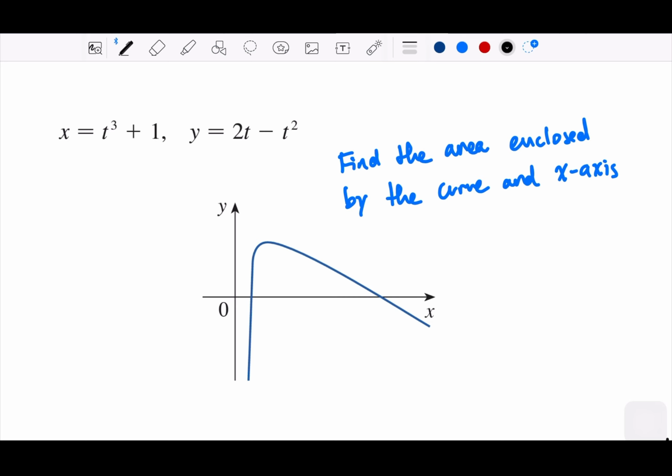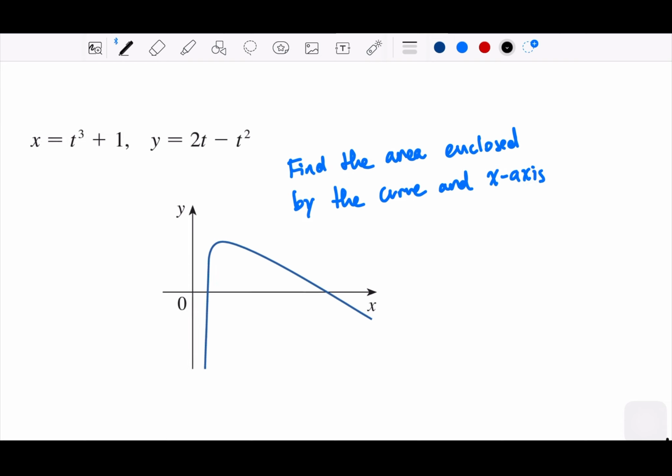So find the intersections first, when y equals 0, like we usually did. So the first step is finding the intersection.